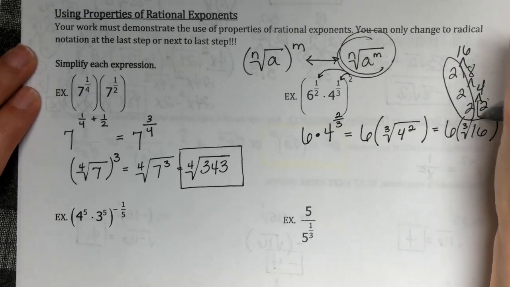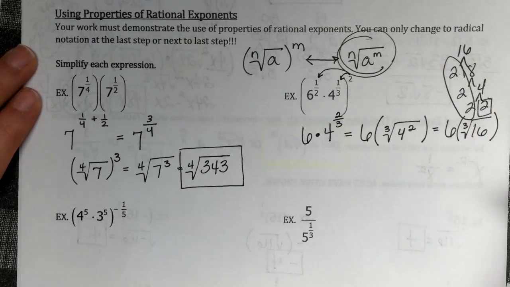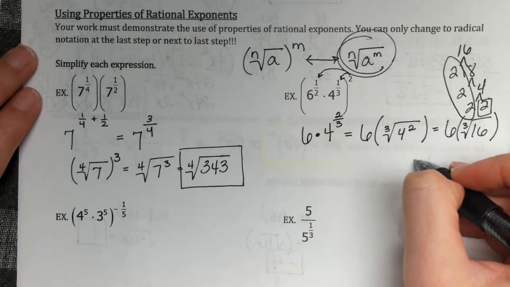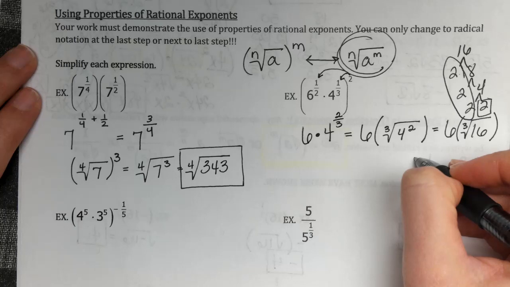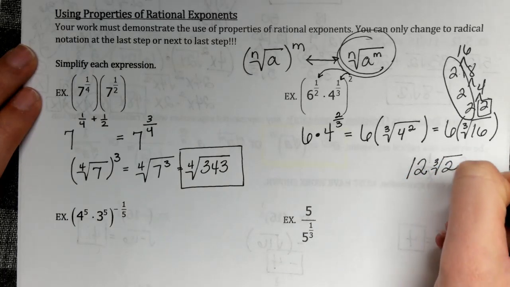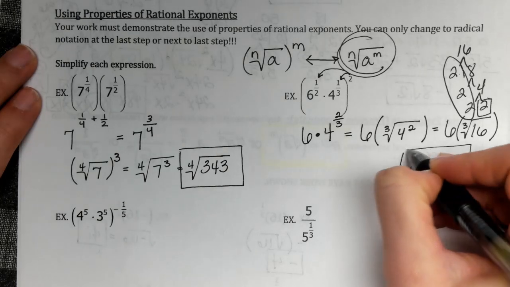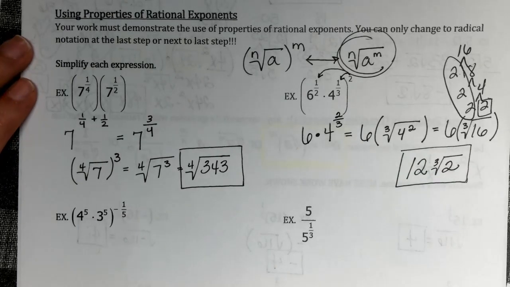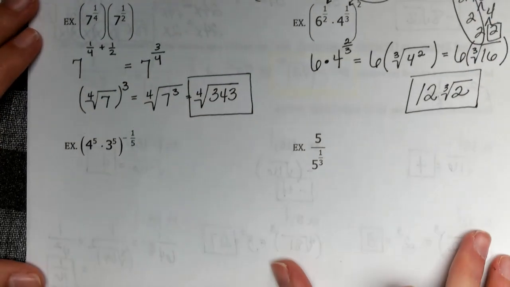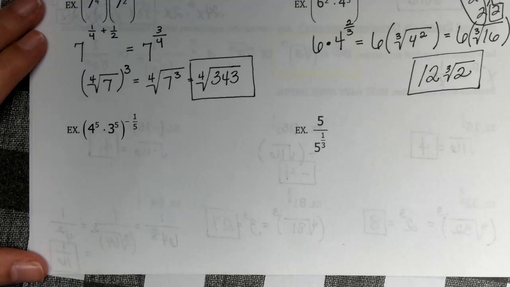I have a group of 3 with 1 left over. So that turns into what? What's my final answer? 12 cube root of 2. Y'all understand that? Okay.